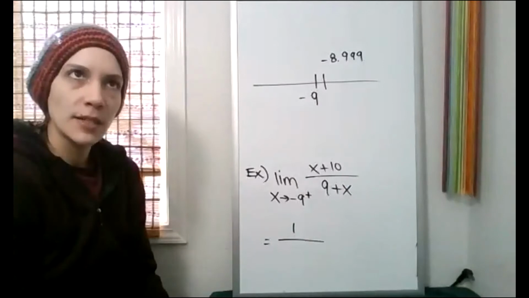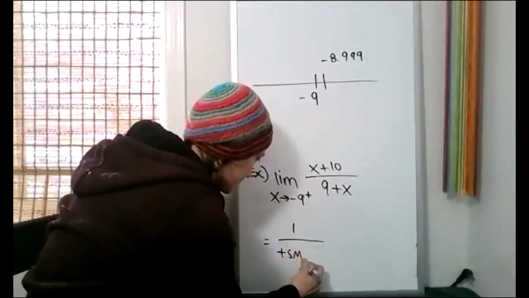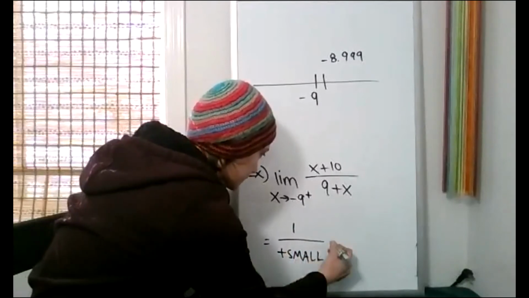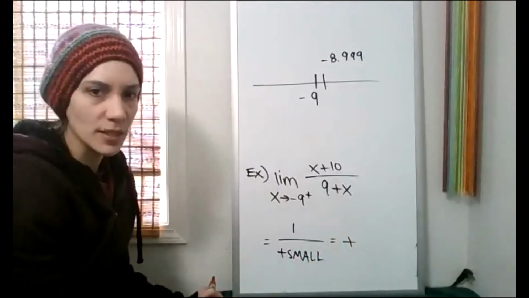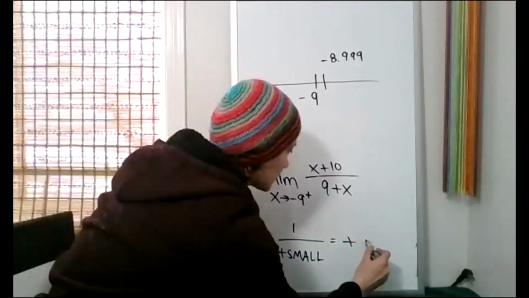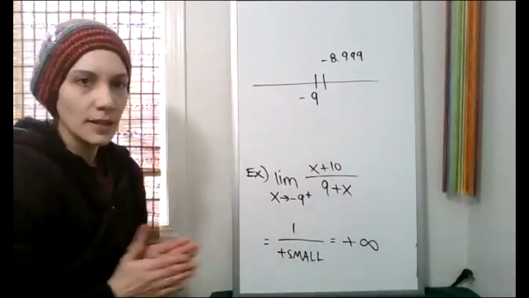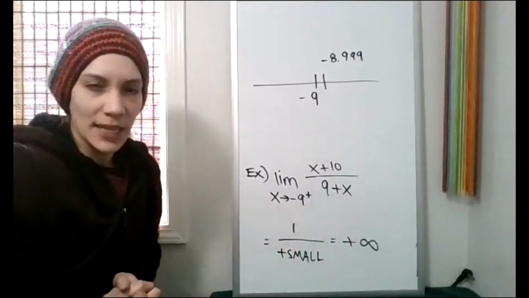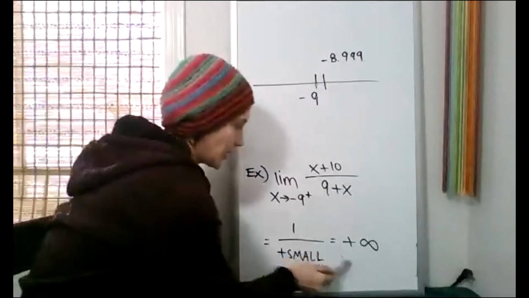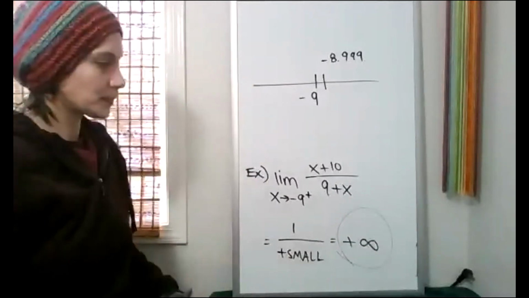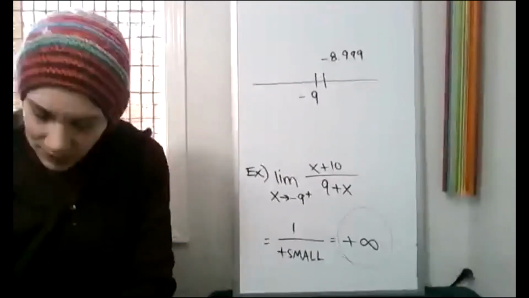It would be some kind of positive small number. We've talked about this being a positive big number or positive infinity. So I hope I explained that, but if you have trouble with a similar problem, just let me know. We'll work it out together. Okay, next.